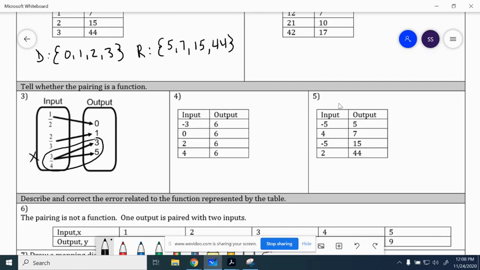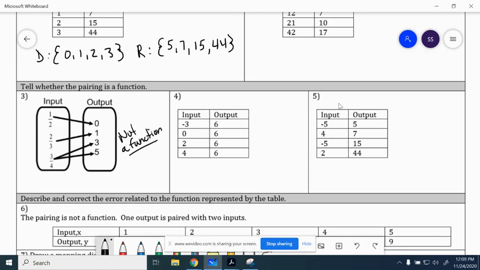Remember I said, think about this as the price scanner at a grocery store. It's not okay for one item at a grocery store to come up with two different prices. So this would not be okay because 3/4 is coming out of our function as 3 and as 5. This is not a function.